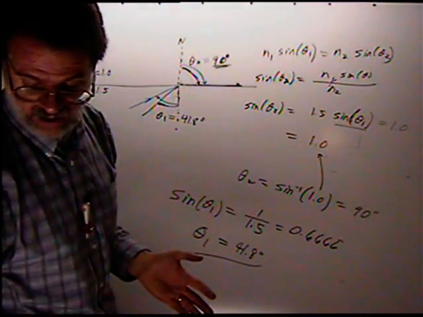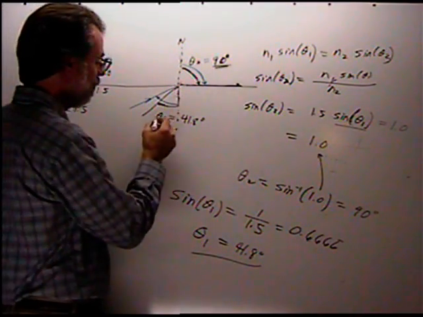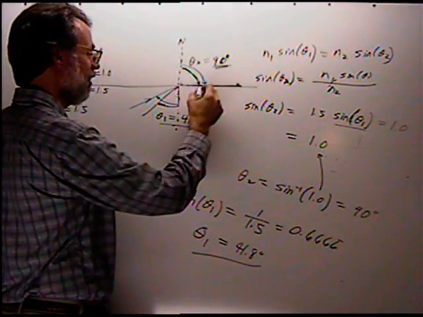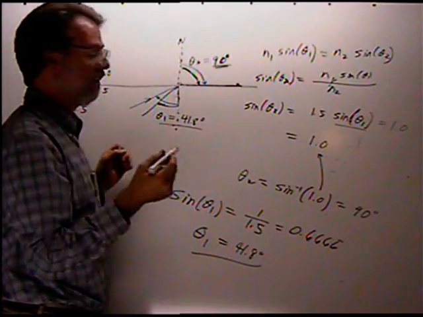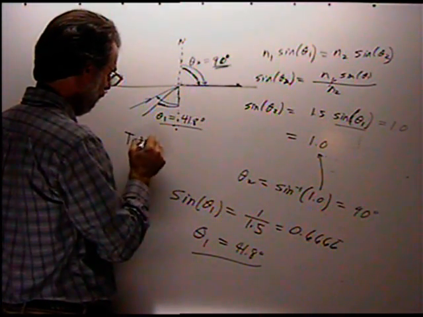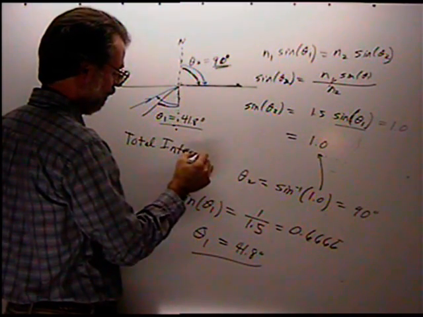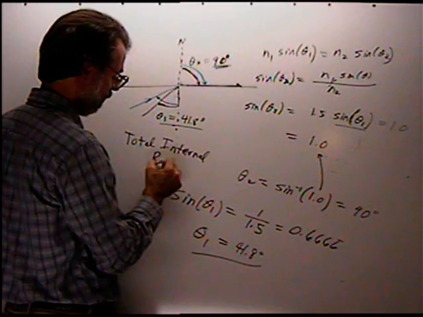Now what physically happens, and at this point, this energy here is called total internal reflection. This is a condition for what we call total internal reflection.